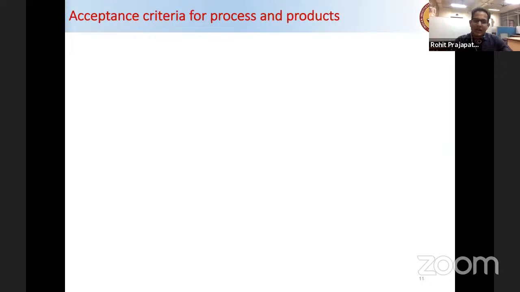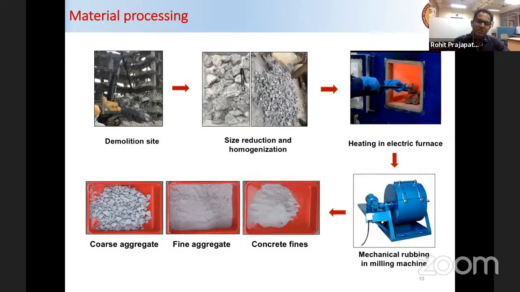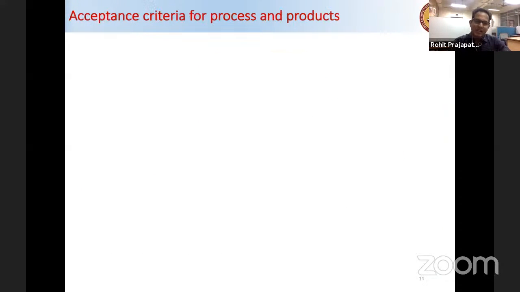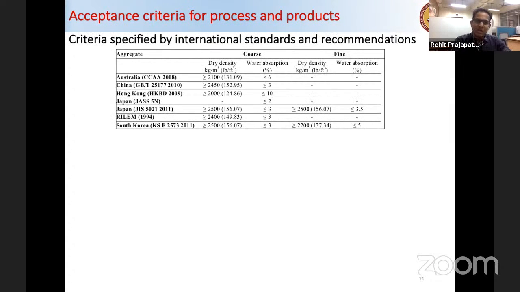So to optimize this process, we have come up with an acceptance criteria. So there is criteria for process and there is criteria for products. First we have looked at the stringent international standards and recommendations for the parameters for aggregate quality.